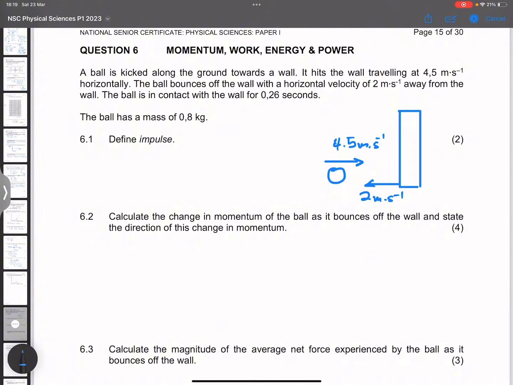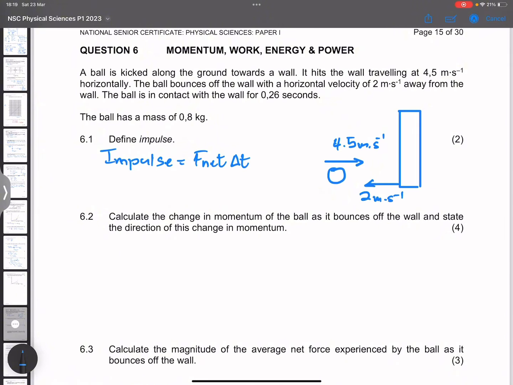And they did say that the time of contact is 0.26 seconds. Now they say to us, define impulse. Remember that impulse is simply defined as the product of a force and the period over which that force acts on an object.